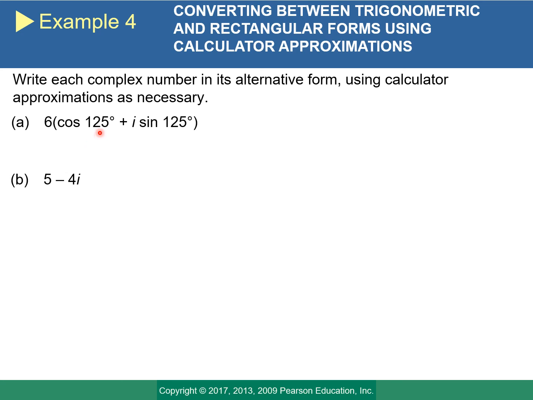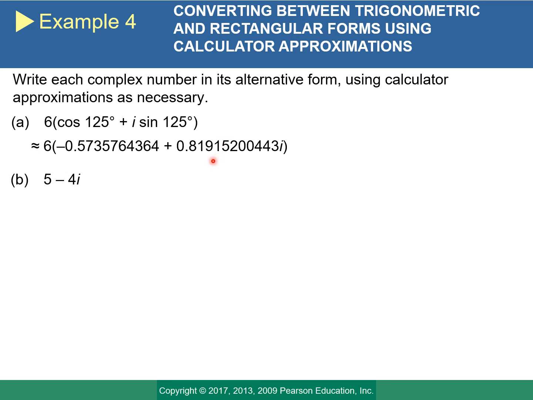125 degrees is not one of our common angles that we know cosine and sine values of from the unit circle. So we are just going to use a calculator here. In degree mode, type in cosine 125 and separately sine 125. And then you get these quantities. So 6 times these values. And don't forget when you're writing this out, the sine component has an i on it because this is the imaginary part.